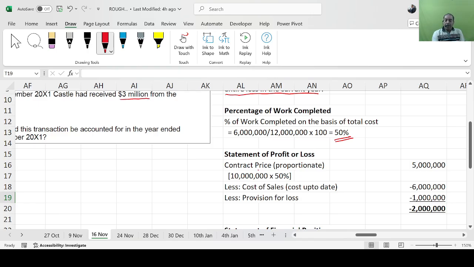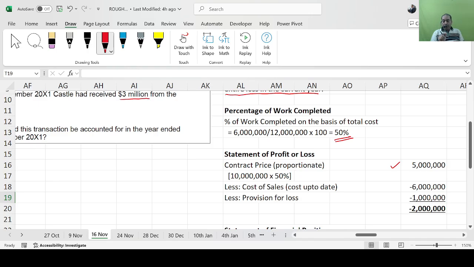I start with contract price, proportionate amount. Total contract price is how much? $10 million. Percentage of work completed is 50%. So 50% of $10 million is $5 million.